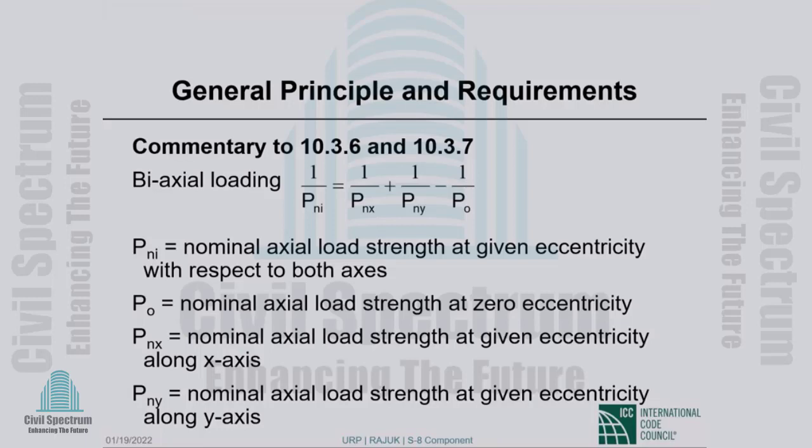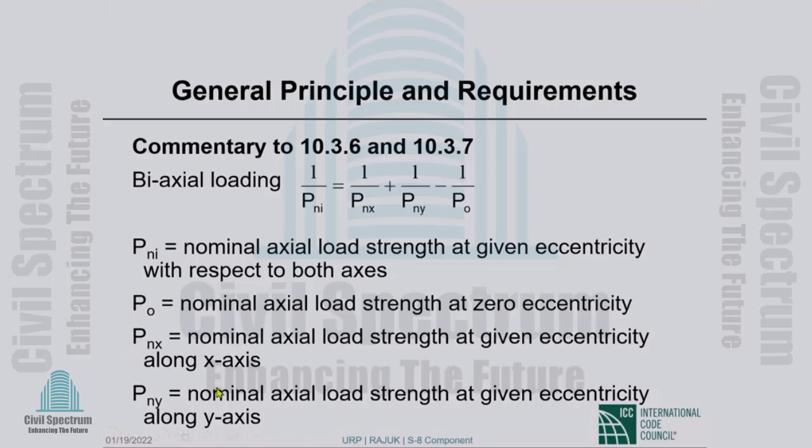So this is an expression that is given, as I said in the commentary, the P sub nx, let us start there, this thing. So P sub nx, nominal axial load strength at given eccentricity along x-axis. If you have eccentricity of the axial load only about the x-axis, the nominal strength of the column is P sub nx.